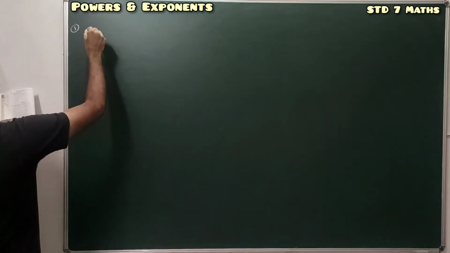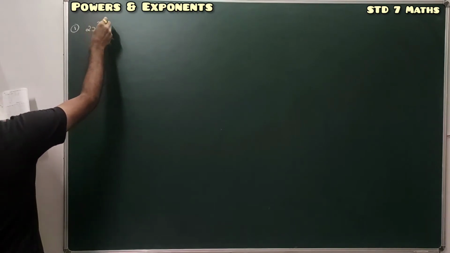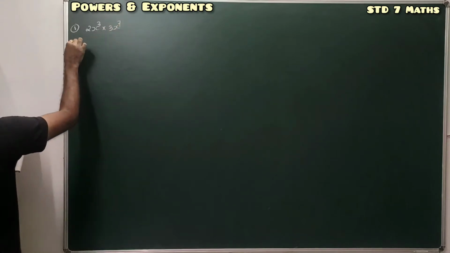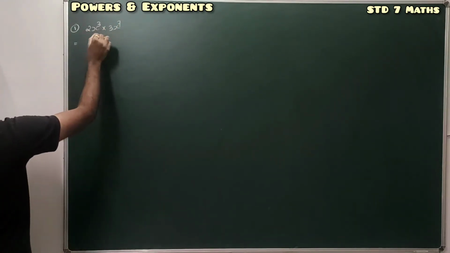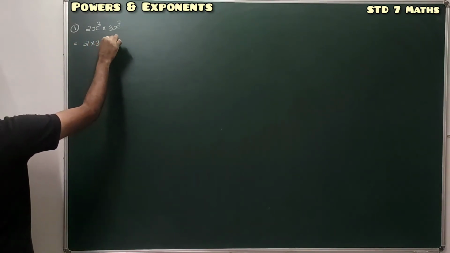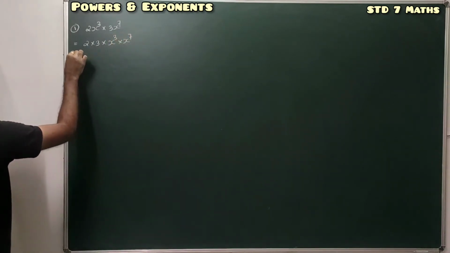Simplify the first one: 2x cube multiplied by 3x raised to 7. How can it be multiplied? Here the constant numbers are 2 into 3, and the exponents are x raised to 3 into x raised to 7.